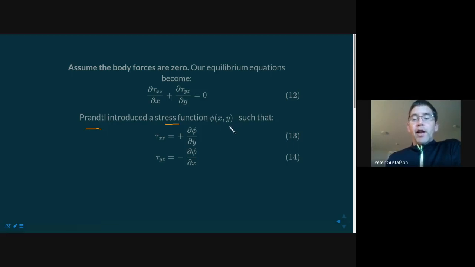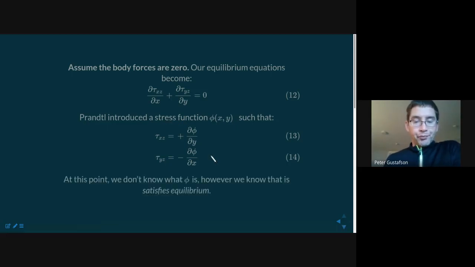However, he said, all right, well, looking at this equation, if I can write a function phi such that its first derivative with respect to y is equal to tau xz, and minus its first derivative with respect to x is equal to tau yz, then if we plug that into the above, this will be identically satisfied. So we don't know what it is. However, we know if this holds, it satisfies equilibrium.